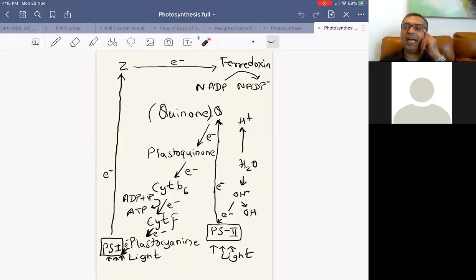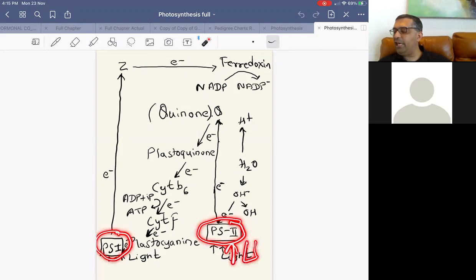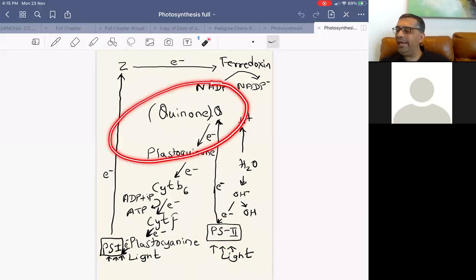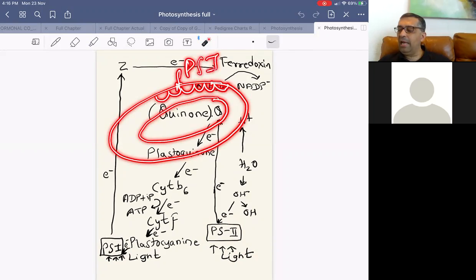Right. So as we're saying, what happens in non-cyclic photophosphorylation? So सबसे पहले we have both PS2 and PS1. दोनों के ऊपर we have light falling in. तो ये है आपका क्वांटोसोम thylakoid and you have outer membrane with PS1 and inner membrane with PS2 और दोनों के ऊपर photons are there.